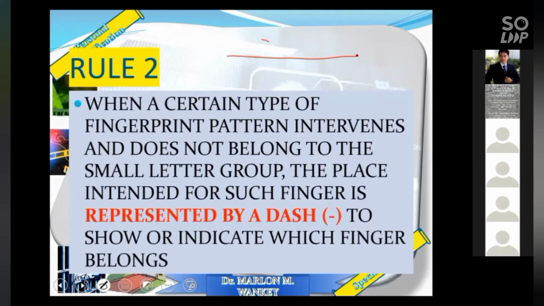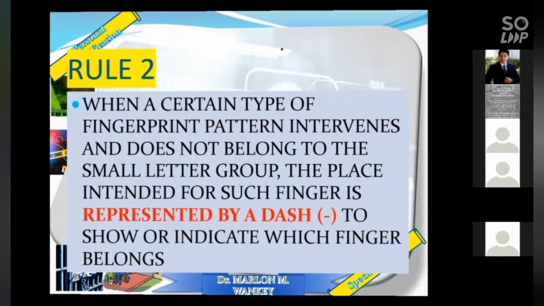Kung ang index finger is an ATR, then A. Pero yung middle finger is not an ATR and the little finger, ring finger is an ATR. So, dapat may dash para malaman kung anong finger yung wala. Pero kapag ang yung mga sumusunod na fingers are not included as ATR, then remove the dash already.